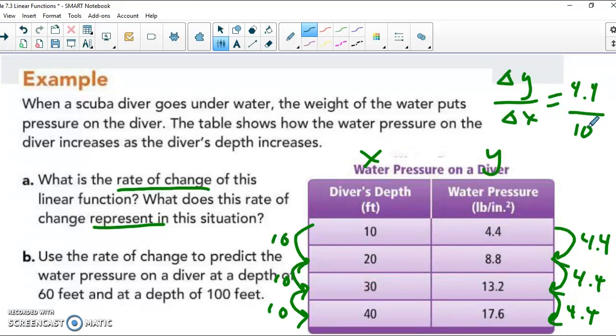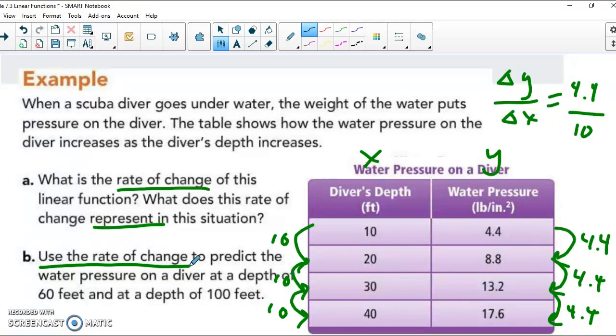So we have 4.4 pounds per square inch of water pressure for every 10 feet of depth on the dive. So what I'm going to be asked to do, beyond just determining that this is a linear function, is to now use this rate of change to predict the water pressure.